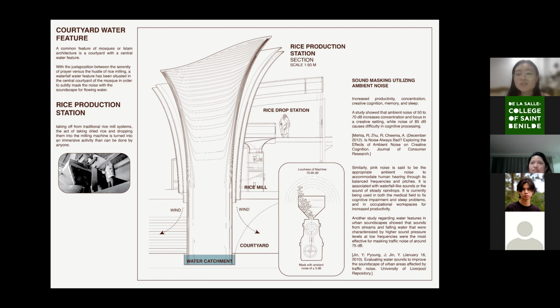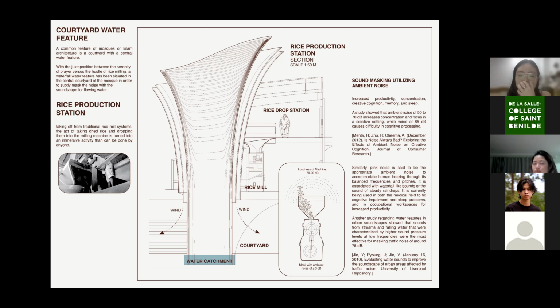So yes, also the rice drop station that you see in the illustration is an added activity that is family friendly. If you see the picture to the left, it is already a traditional practice in rice production that dropping rice into the machine is usually done from a level above the actual machine or the gathering of the milled rice.